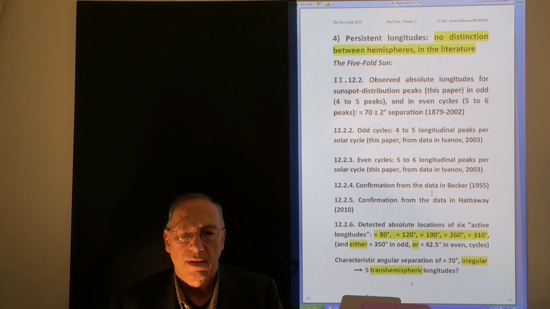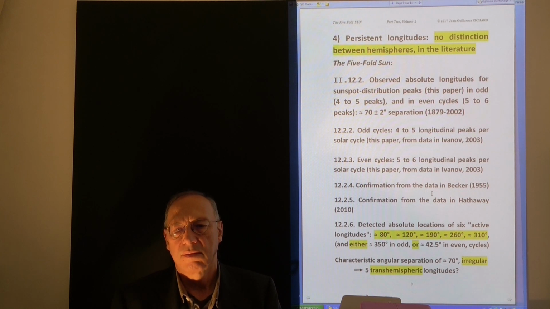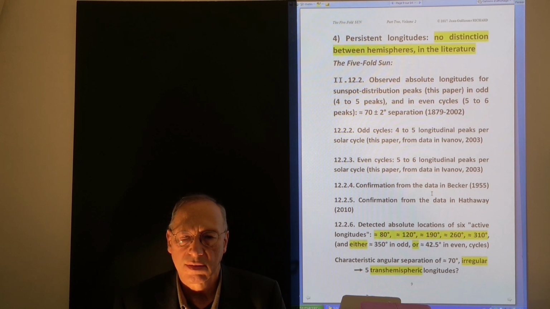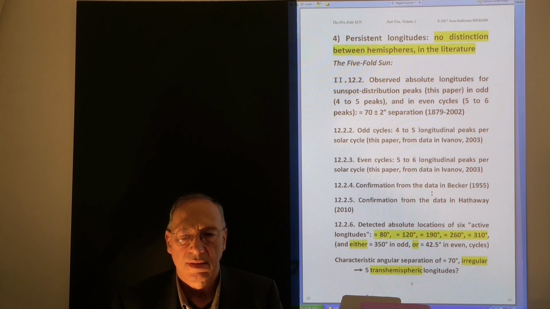And we find that from this meta-analysis in section 12.2.6, these locations are about 80 degrees, 120 degrees, 190 degrees, 260 degrees, and 310 degrees.